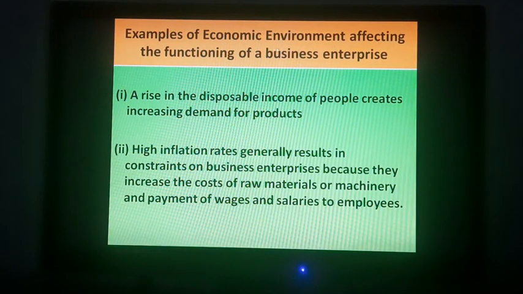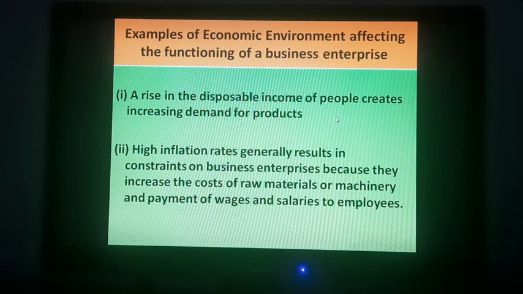Some examples of economic environment which affect the functioning of business enterprises are: a rise in the disposable income of people creates increasing demand for the product, which we have already discussed. In the same way, a high inflation rate generally results in constraints on business enterprises because it increases the cost of raw material.